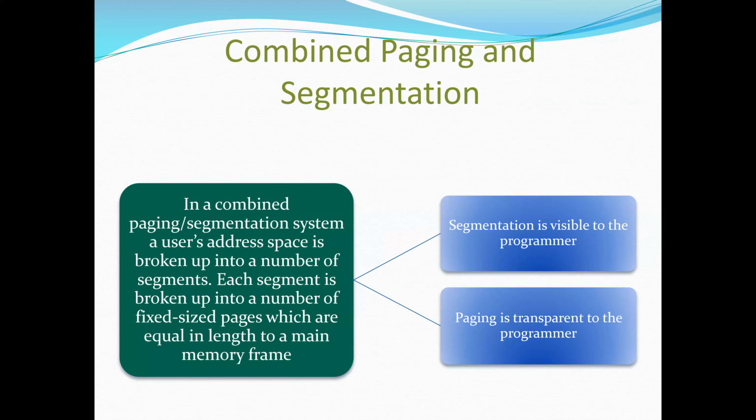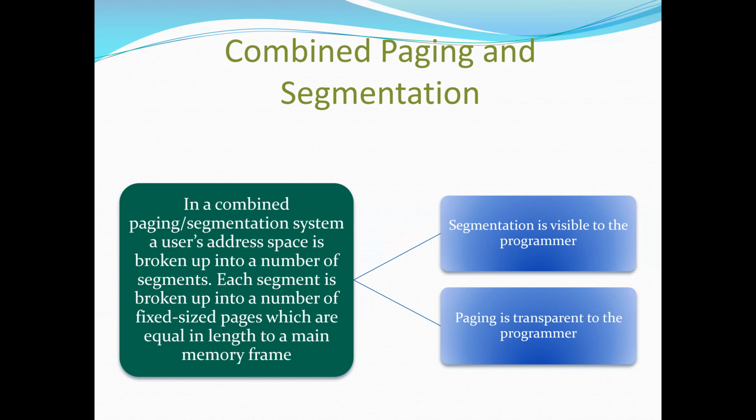Now, next will be combining both paging and segmentation. So in the discussion of simple segmentation, we again indicate that each process has its own segment table. And when all of its segments are loaded into main memory, then the segment table for a process is created and loaded into main memory also.